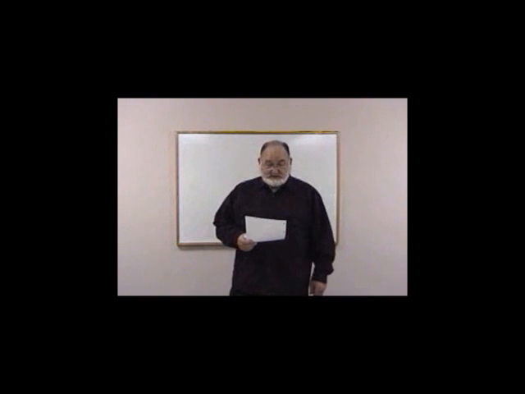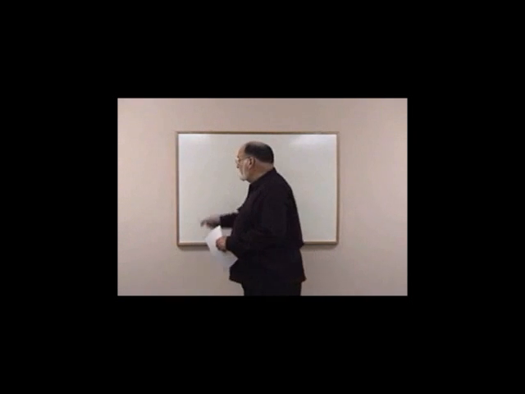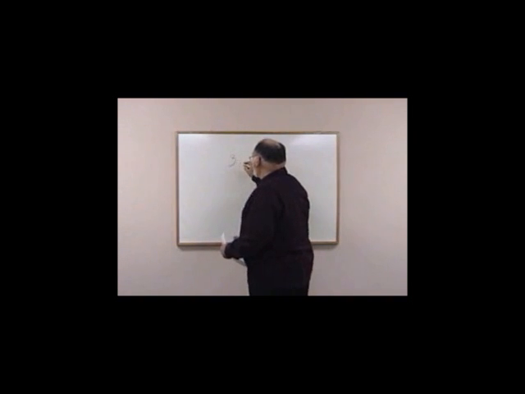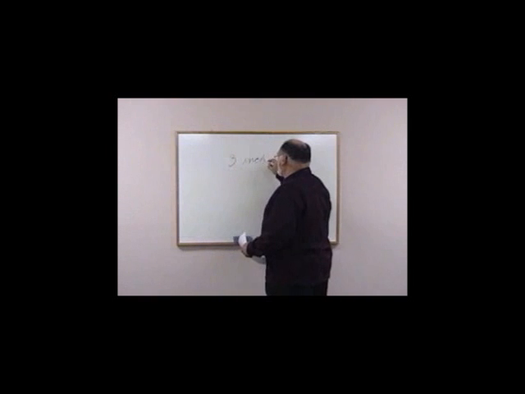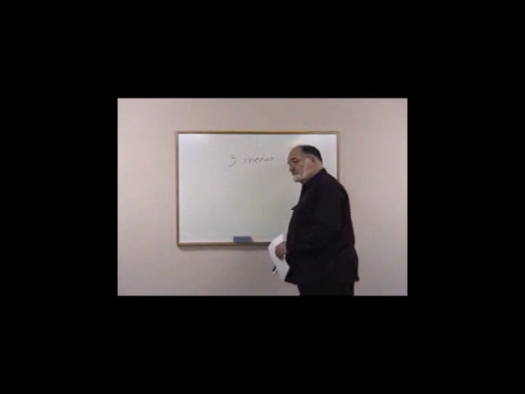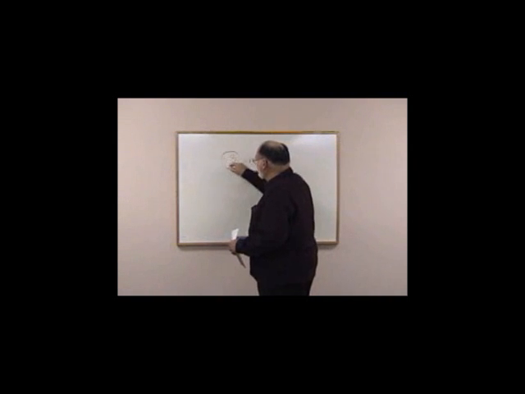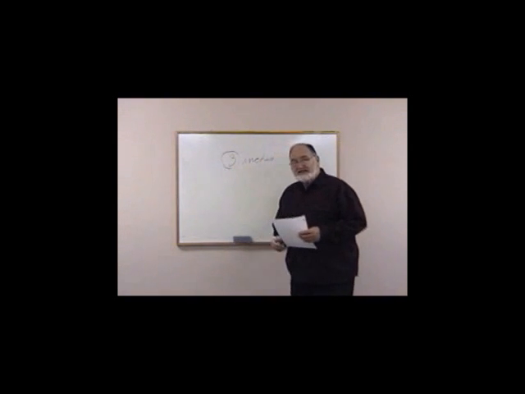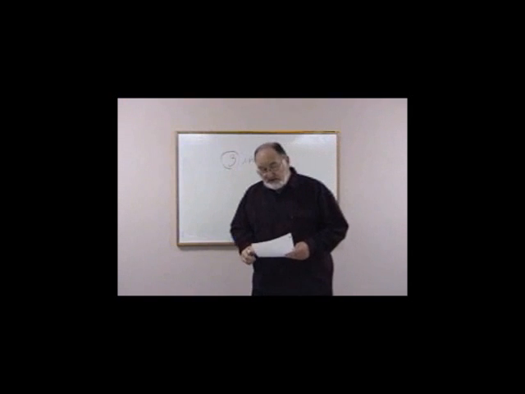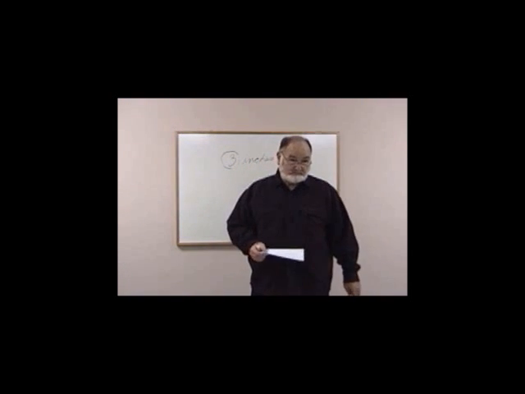Up at the top it says there are 2 parts to this term, and we have 3 inches. This part, 3, tells how many, and is therefore called the numerator.